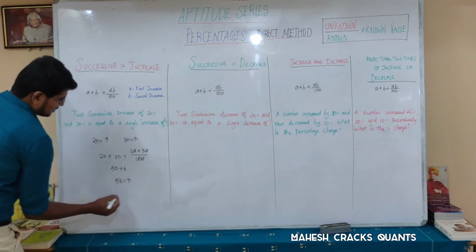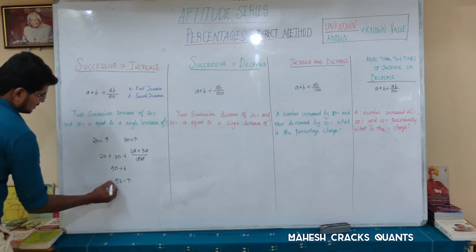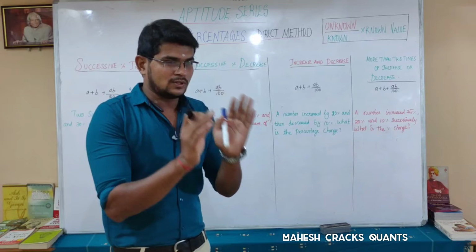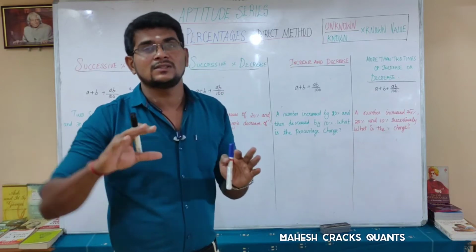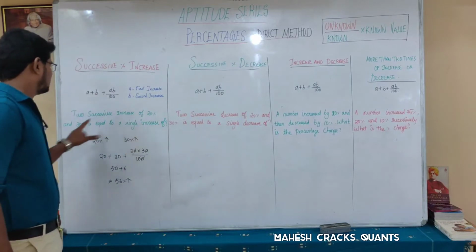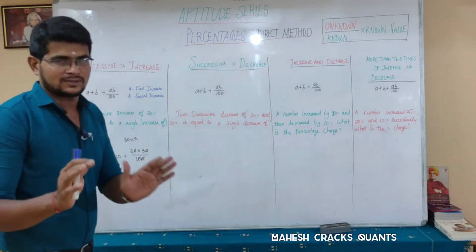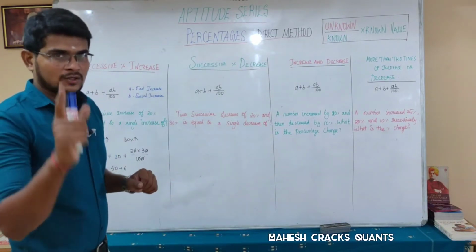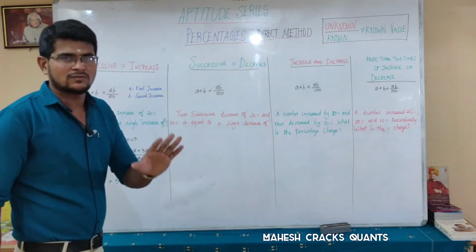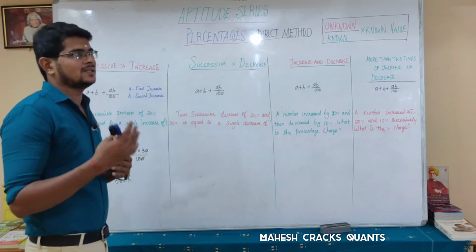56% is positive. So 56% is the total increase. If you increase 20 and 30 successively, it is a 56% increase. You should not add just 20 and 30, which will give you 50%. That's a wrong answer. Are you clear? Very simple. For successive, we are going to use only one formula. How will you understand successive?